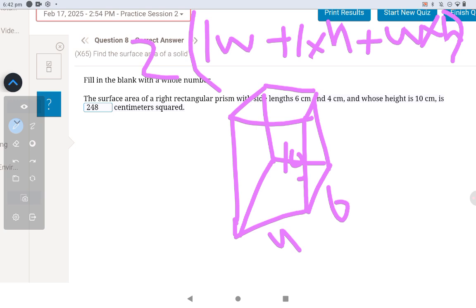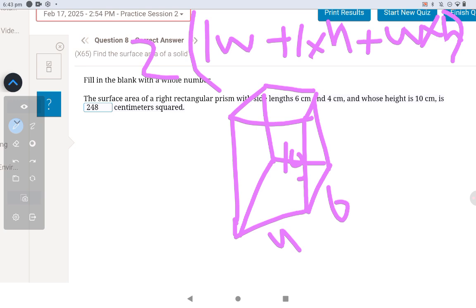Oh wait, my bad, sorry, length is not 10. When I do it in the calculator, I'll show it over here, just bear with me for a second. 6 times width, and now 6 times 10, which is height, plus width times height, which will be 4 times 10.